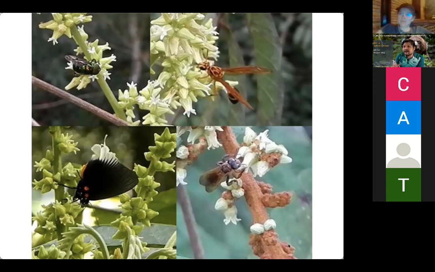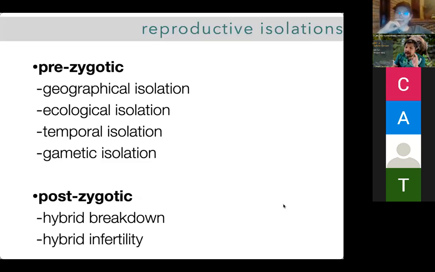So okay, that's Tracy. What I'm going to do right now is give you some figures from Tracy's dissertation. These are the actual figures from her dissertation, and I want you to figure out what kind of isolation it is: is it prezygotic or postzygotic, or what type of isolation?